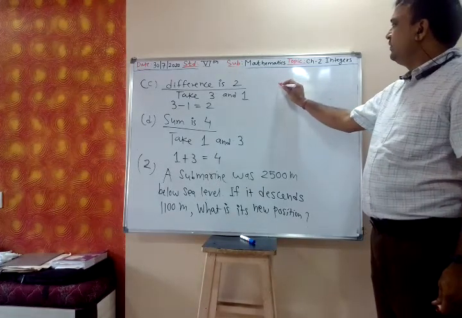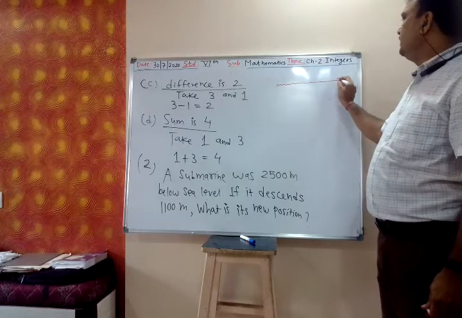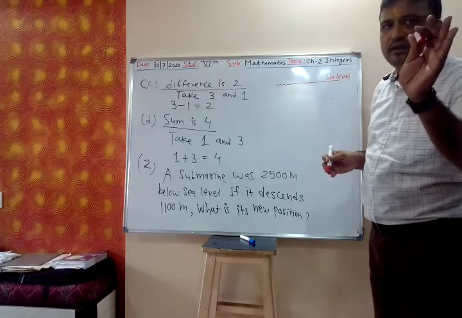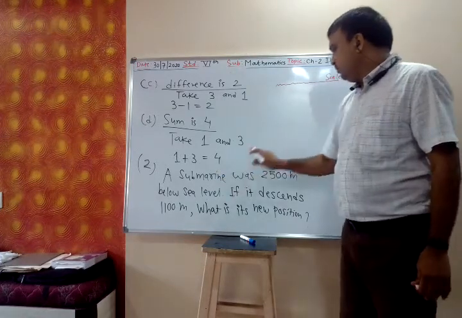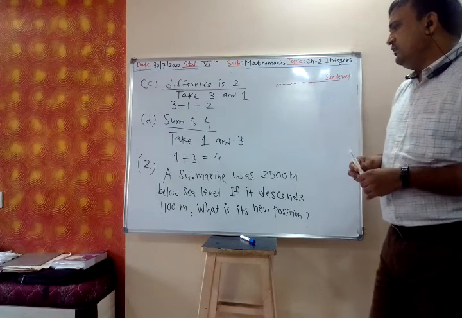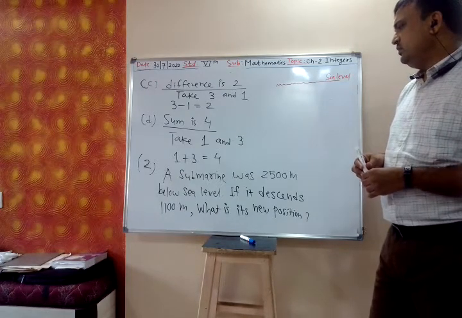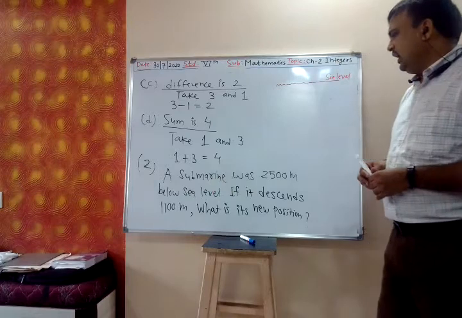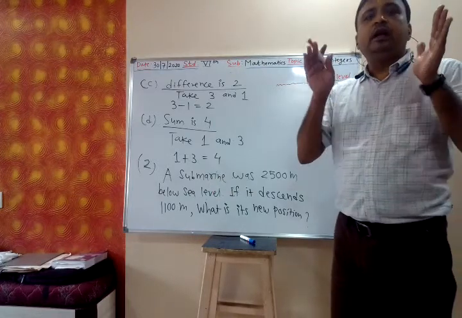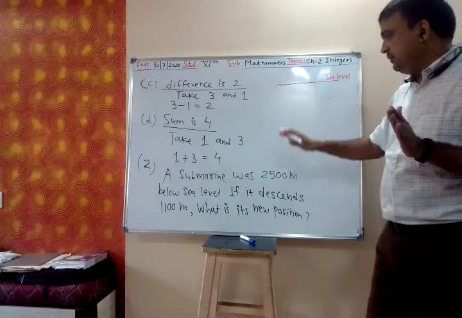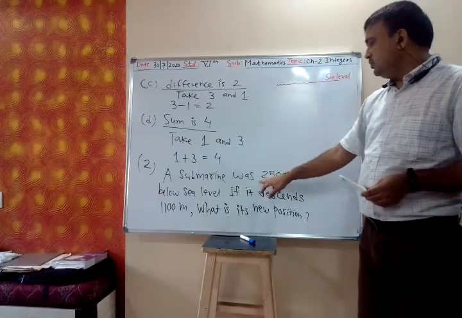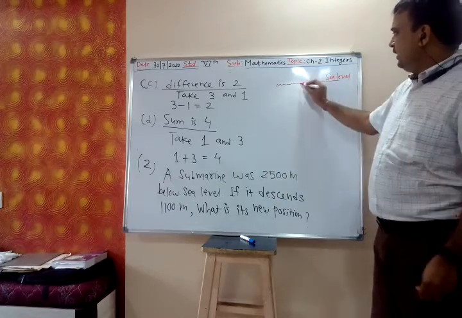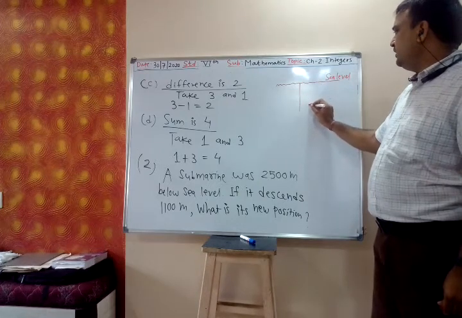Now suppose this is the sea level. This is my sea level, and then this is 2,500 meter below it. I am explaining this, and afterward I am going to give you homework.